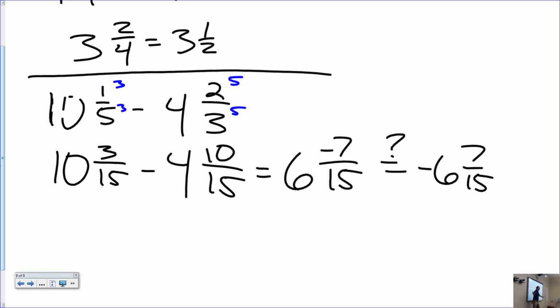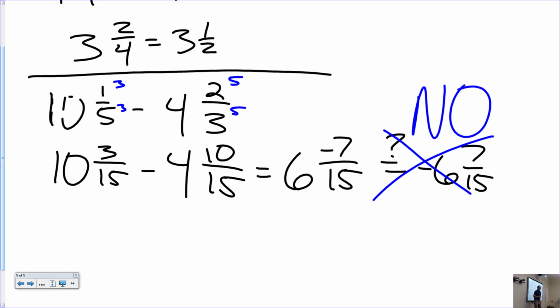Can I just be done? No. Why doesn't that work? Can't you just move the negative out in front? Okay, good. Please don't do that. And again, the reason I say that is because I've seen lots of people just do it.